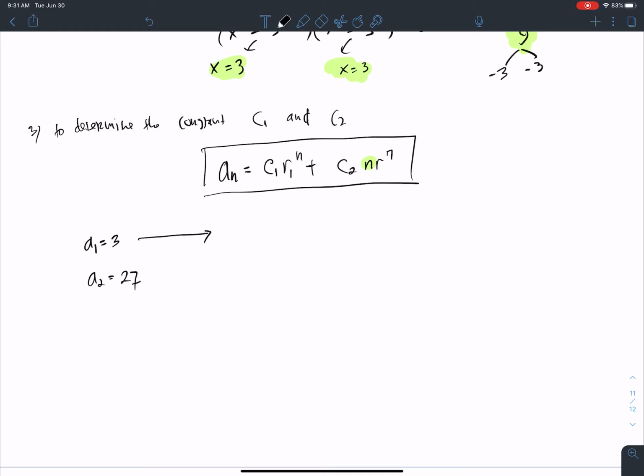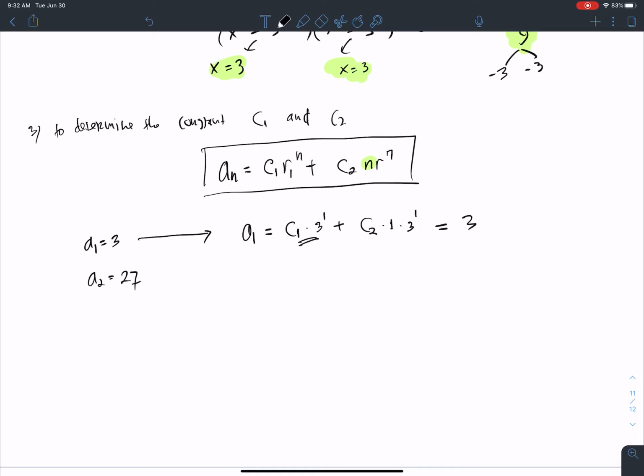For n equal to 1, a1 is C1 times r to the power of n, where r is 3, plus C2 times n times r, where n here should be 1 and r again is 3 to the power of 1, and a1 is equal to 3.